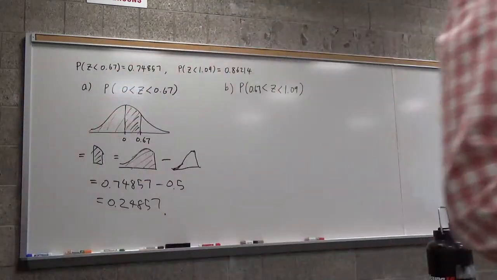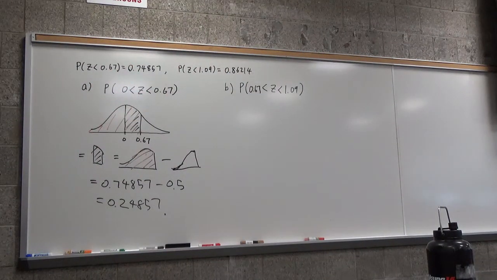You have a question? So you figure out this part between those two, and then why do you subtract? Essentially you're getting that by subtracting what's less than 0. So your question is, how did I know to subtract those two?